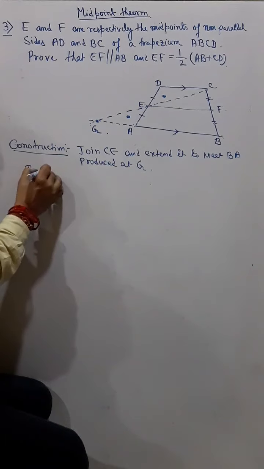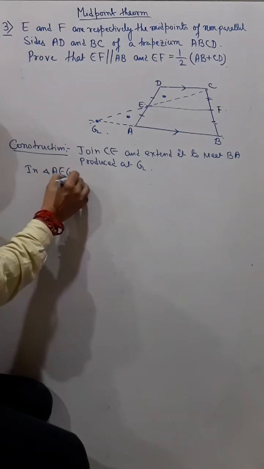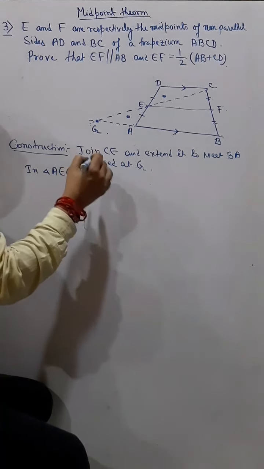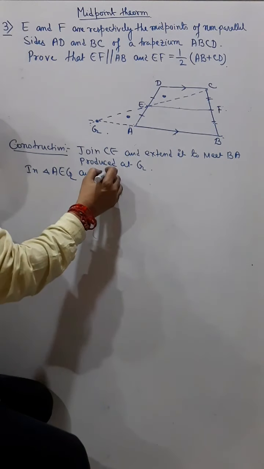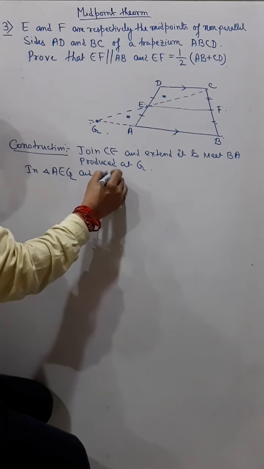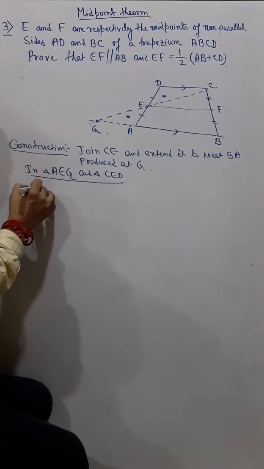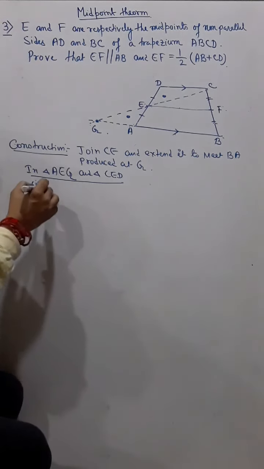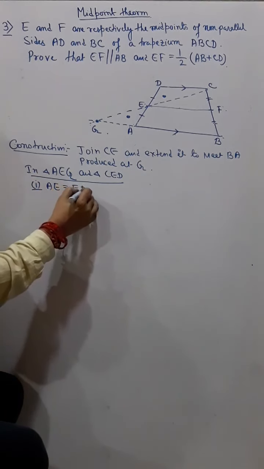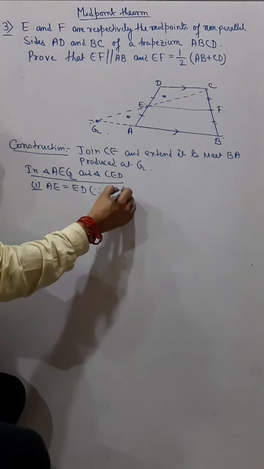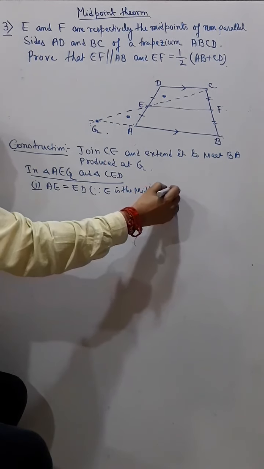Now see, in triangle AEG and triangle CED, we can see number one, AE is equal to ED, since E is the midpoint of AD.